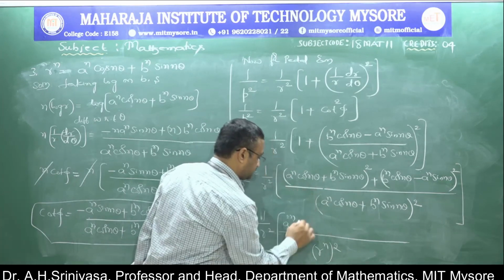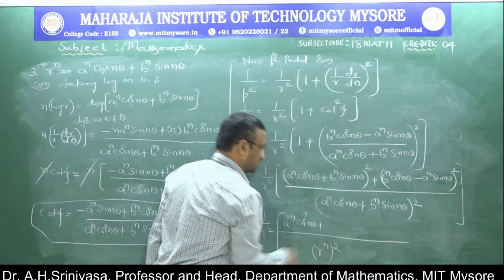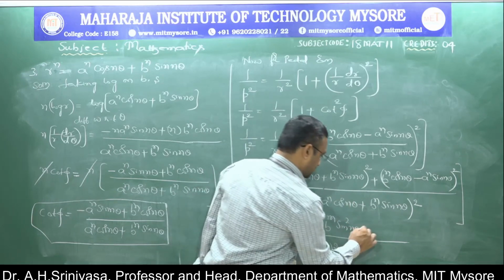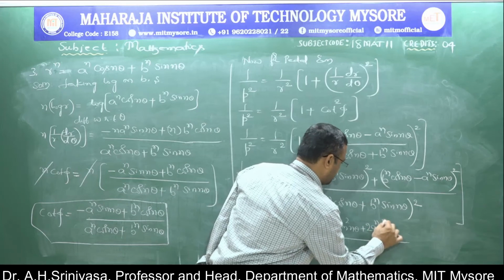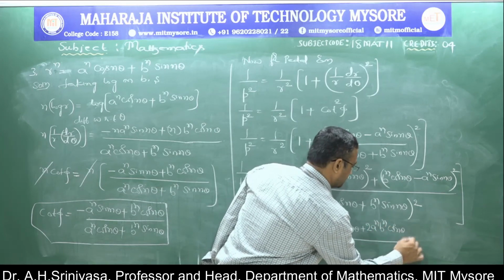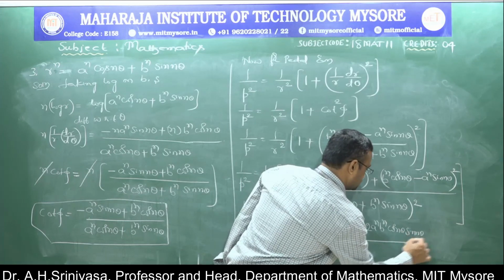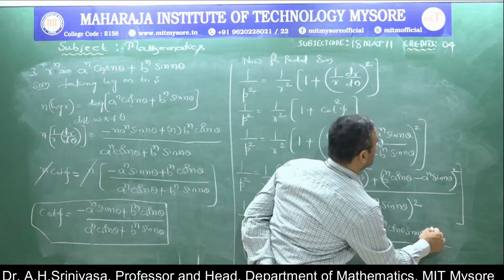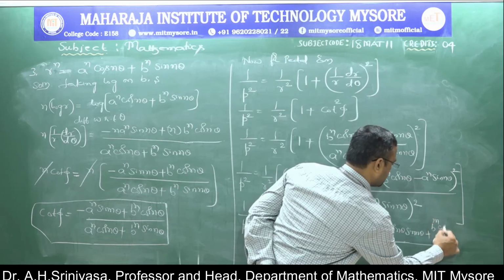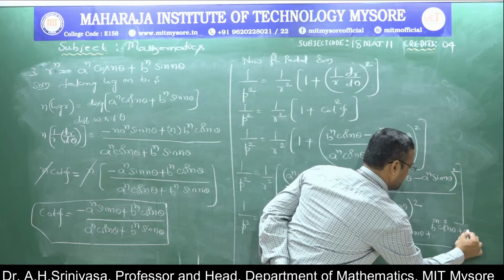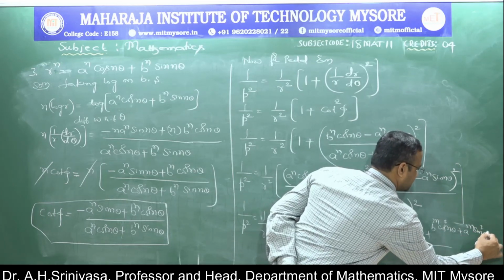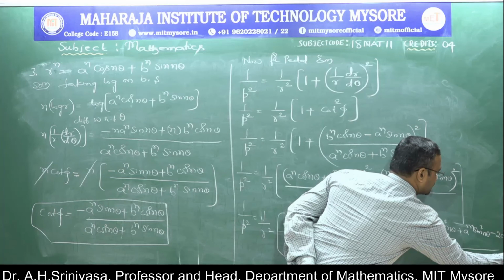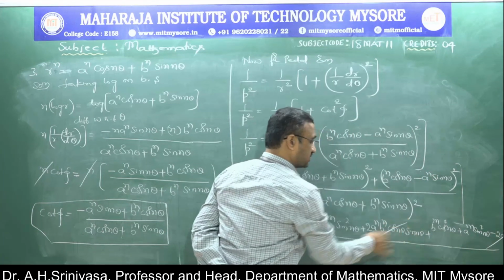A power 2n cos square n theta plus b power 2n sin square n theta plus 2 times a power n b power n cos n theta into sin n theta, plus again the expansion of this one, b power 2n cos square n theta plus a power 2n sin square n theta minus 2 times a power n b power n sin n theta cos n theta. See here, the positive and negative terms cancel.